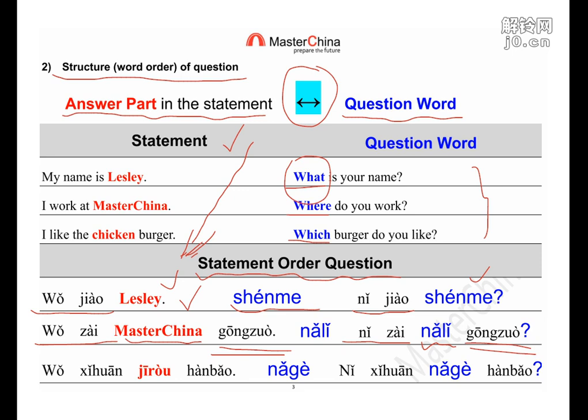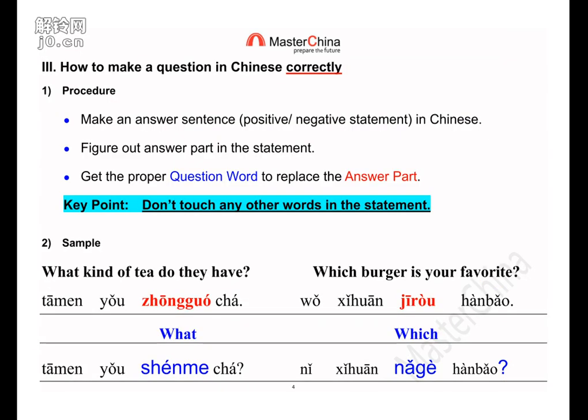So think about the yes/no question. We also didn't change the order of the statement. We just put ma at the end of the statement, and the ne also stays at the end. Here, again. Now let's get to the general rules of how to make a question in Chinese correctly.